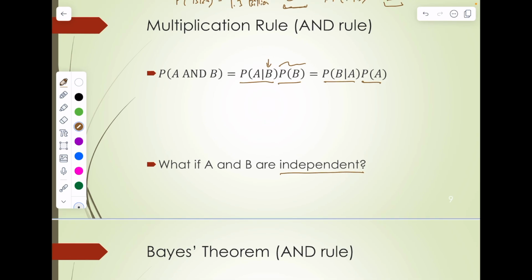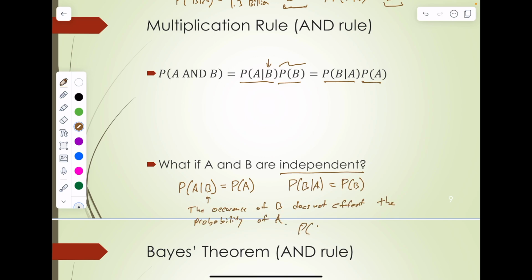Well, the definition of independent says that the probability of B occurring does not affect the probability of A. So what that means is the probability of A given B, if they're independent, is exactly the same as the probability of A. The occurrence of B does not affect the probability of A.